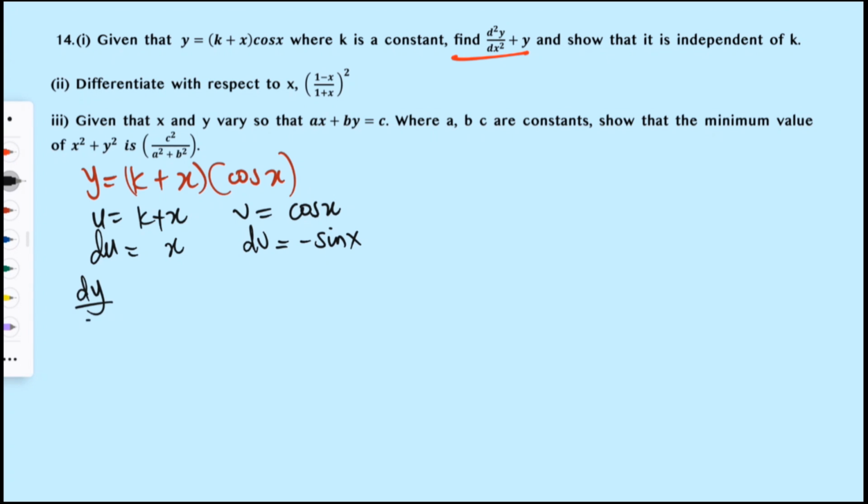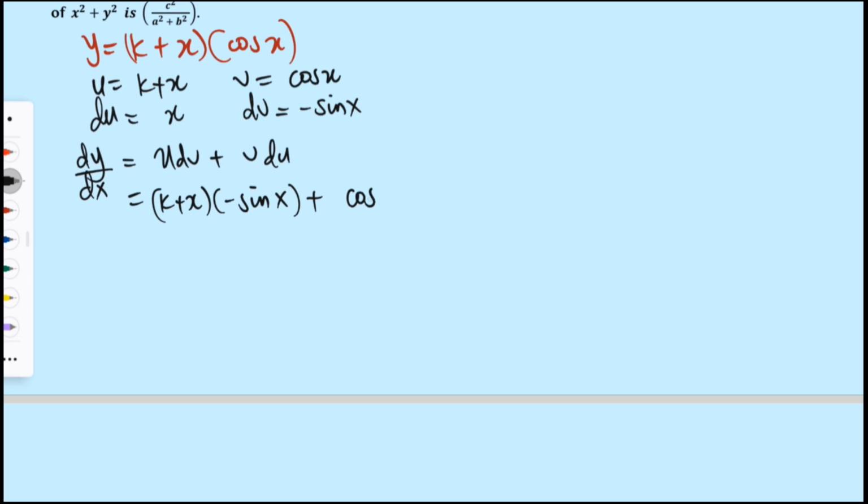Let's use the product rule. So dy by dx for this is going to be u dv plus v du, which would be u, which is k plus x, dv negative sine x, plus v is cos of x, the derivative of u, it is supposed to be a 1.